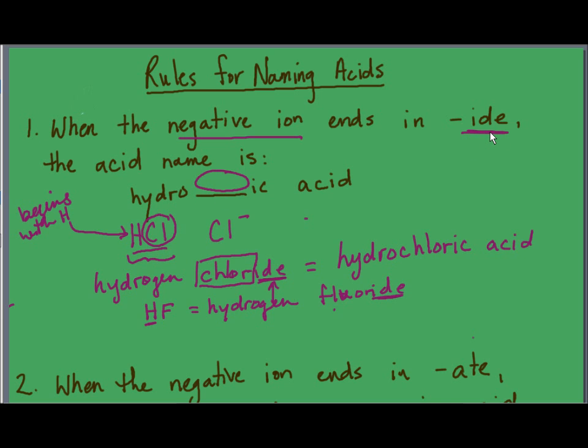Anytime it ends in IDE, we use rule number 1, and we just take this section and put it in the blank at the top. So this is hydrofluoric acid. And that's it for rule number 1. You take the regular name of the covalent compound, hydrogen chloride, hydrogen fluoride, hydrogen iodide, and if it ends in IDE, you follow rule number 1, hydro-blank-ic acid.